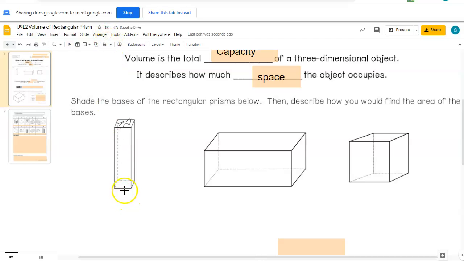And over here is one base, and this on the bottom is a second base.